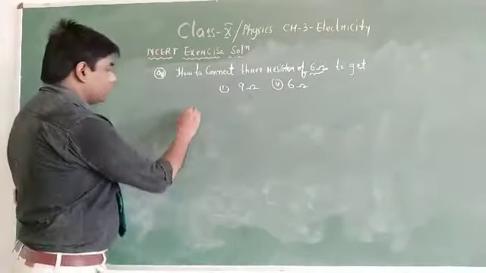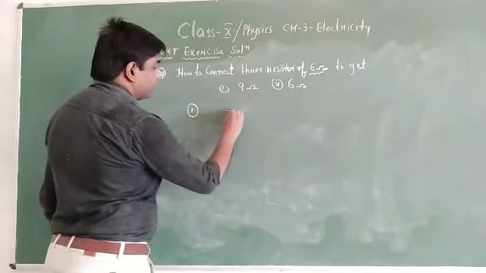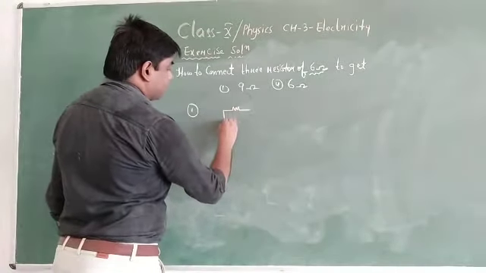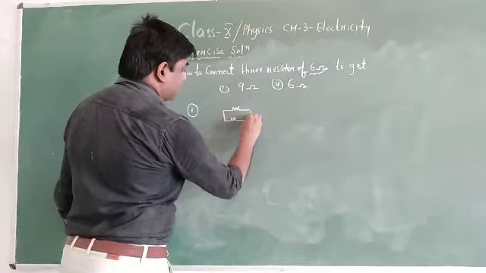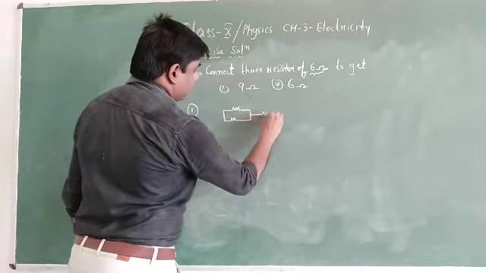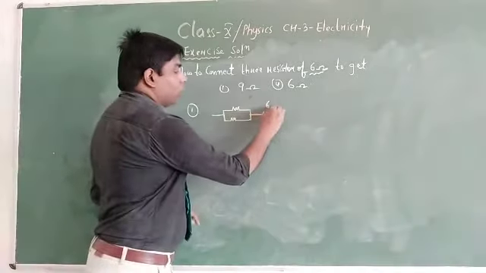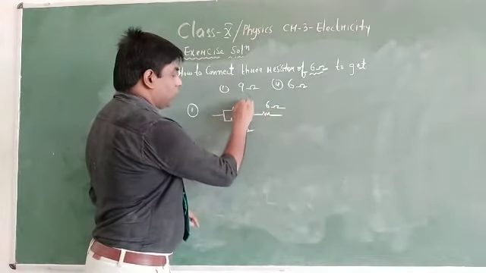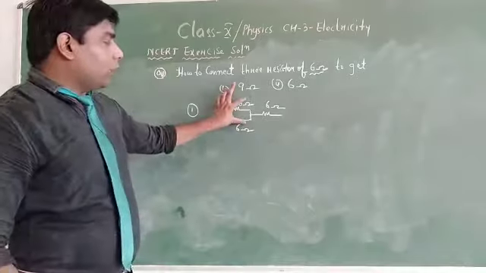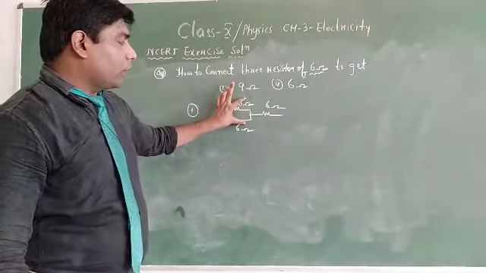So, in the first case, three resistors are there. If we connect two in parallel and the third in series with this parallel combination, so what will happen?